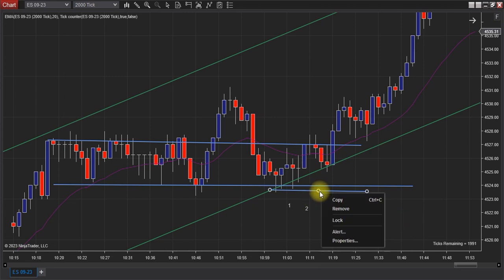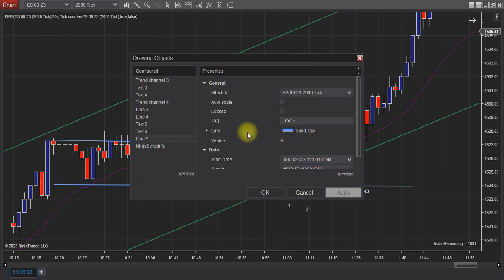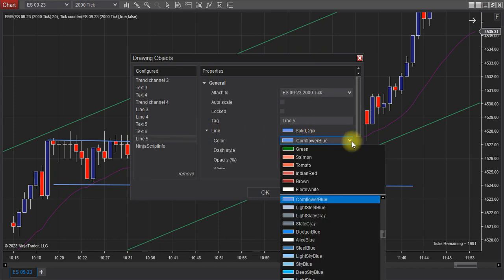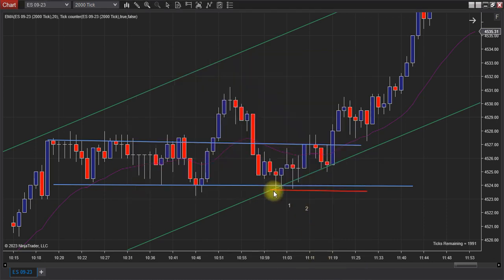So our stop loss is outside the range. Let's change colors here. I was thinking a nice ugly red for a stop loss, because if we get stopped out, it's not fun. So therefore it has to be the color red, right? Where do we take our position at? 1 tick above the previous bar, so here.